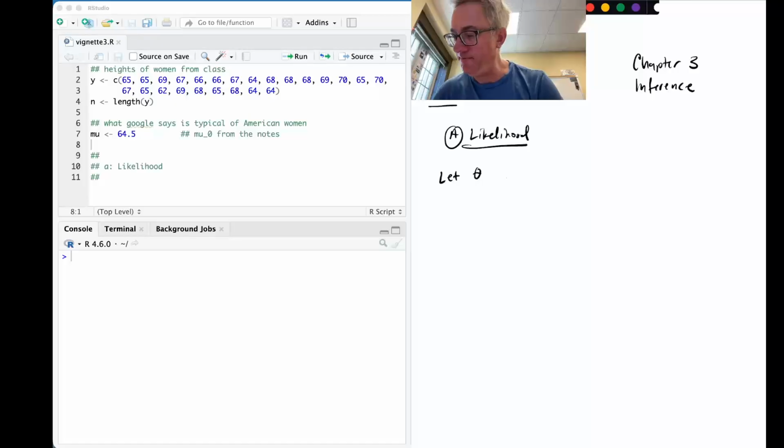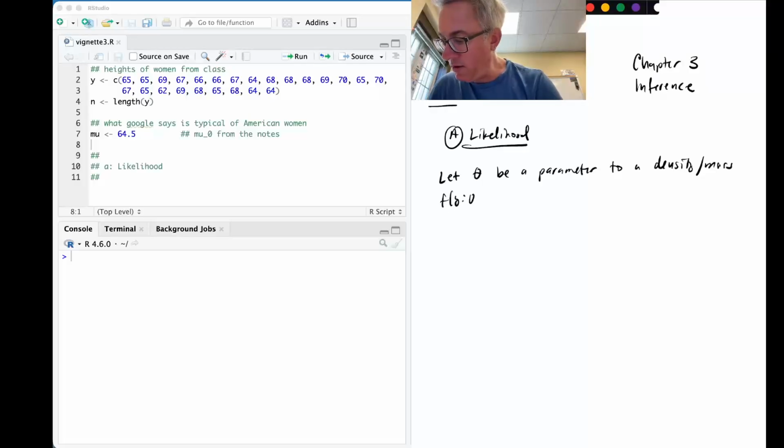Let theta be a parameter to a density or mass function f(y, theta), describing a model for the data.